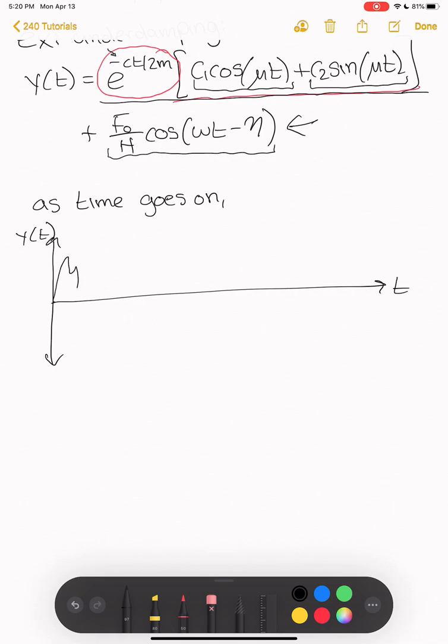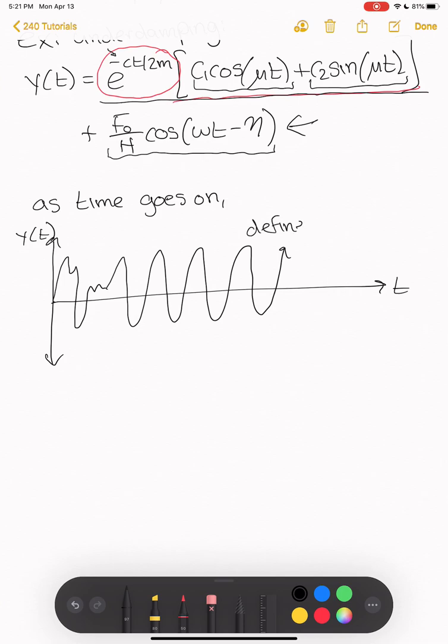It starts off oscillating a little bit weirdly, and then it just goes right into the oscillation defined by f of t. This weird part up here is when time is small enough for this term to matter. As time goes on, this term dominates, and the other only matters up to some specific point.